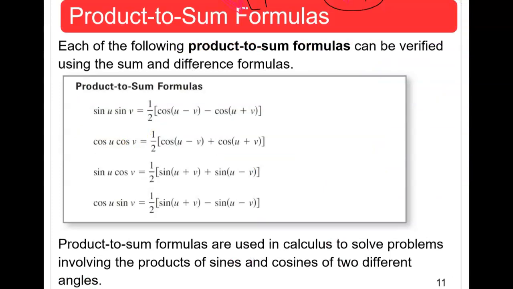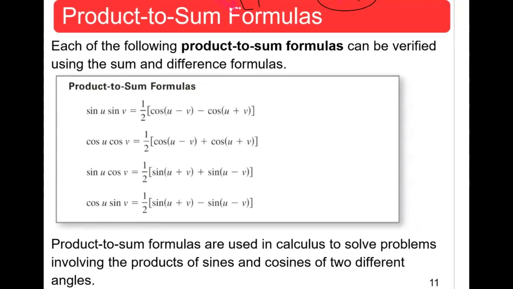The next group of formulas are the ones called product to sum formulas. And here when we say product, we are referring to the multiplications going on here on the left side of the equal sign. Those are products. And what happens is that we turn them into the sum of two trigonometric expressions.